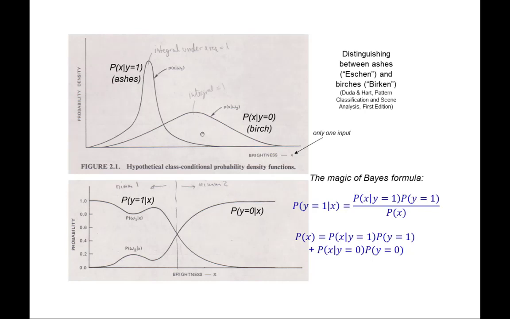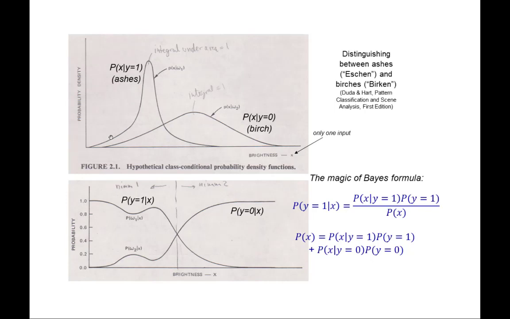But the distribution of x, so of the brightness given birch, is pretty wide in this example. And here's the distribution for ashes. So these are two different kinds of wood. It is generally darker, but it also has some distribution. And you can start modeling this distribution over here.